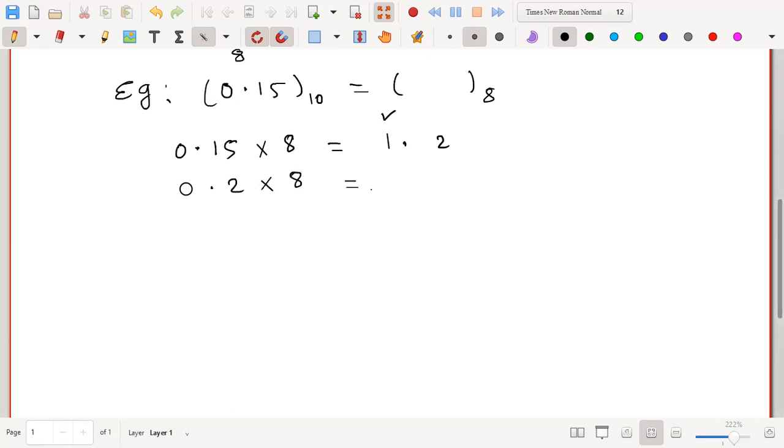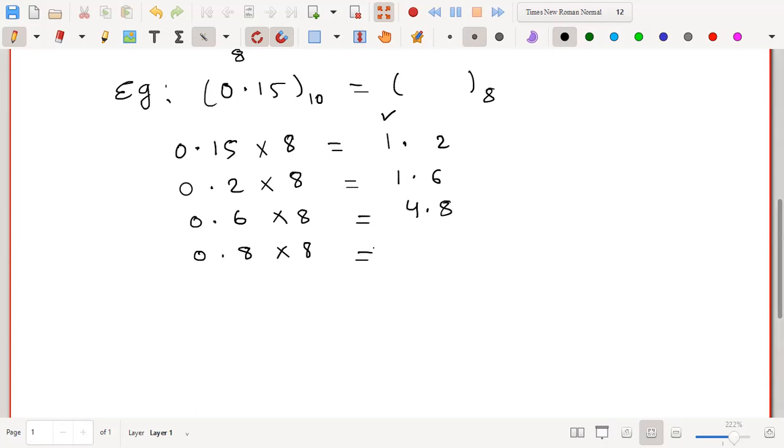So 0.2 into 8 is 1.6. Then 0.6 here. From here again, you take 0.6 into 8. So this 0.6 into 8 is nothing but 4.8. Now again, you come with 0.8 into 8.